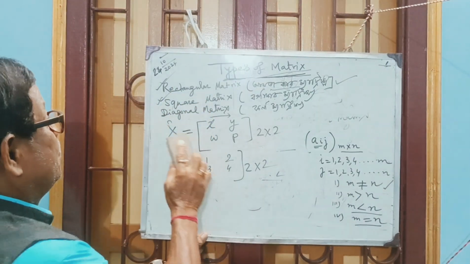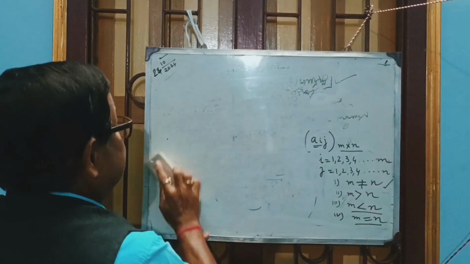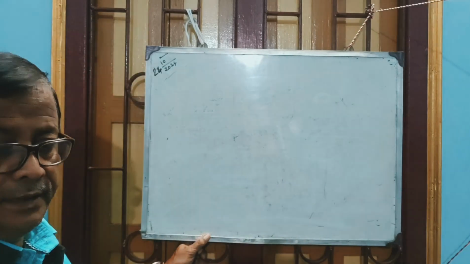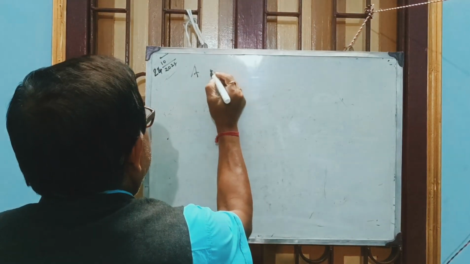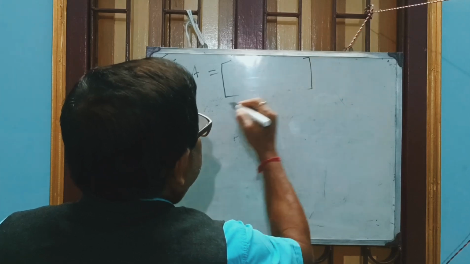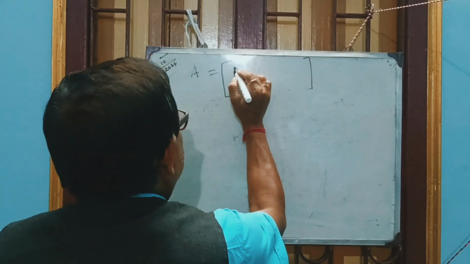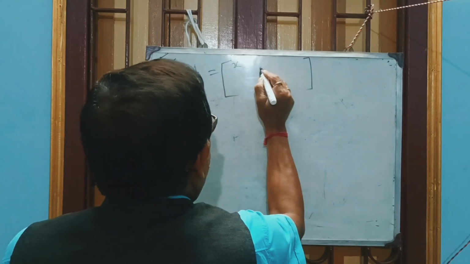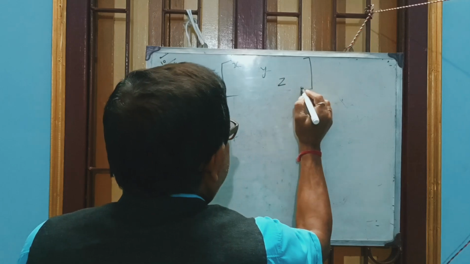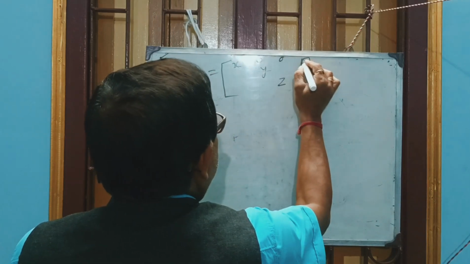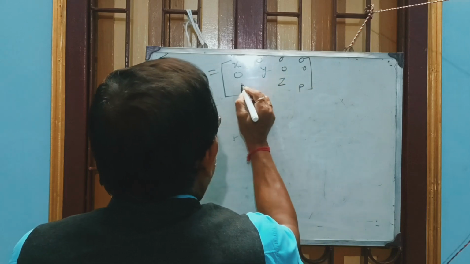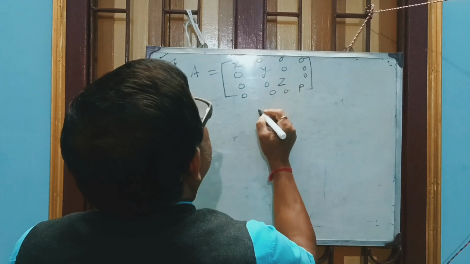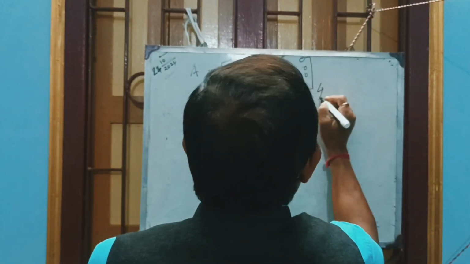Now, last, we discuss the diagonal matrix. If all the elements are 0 except the diagonal, suppose x, y, z, p on the diagonal and 0 everywhere else, this is a matrix of order 4 by 4.